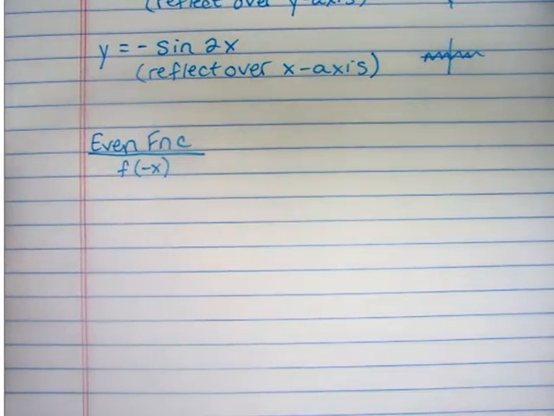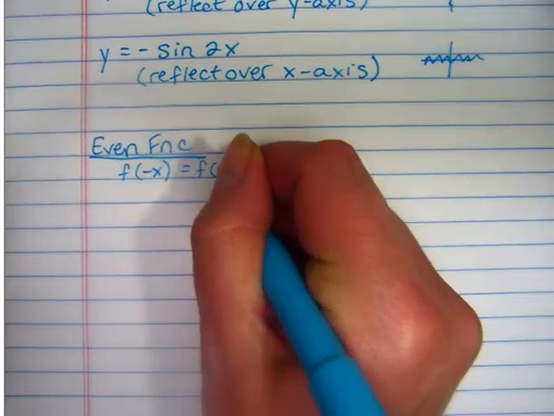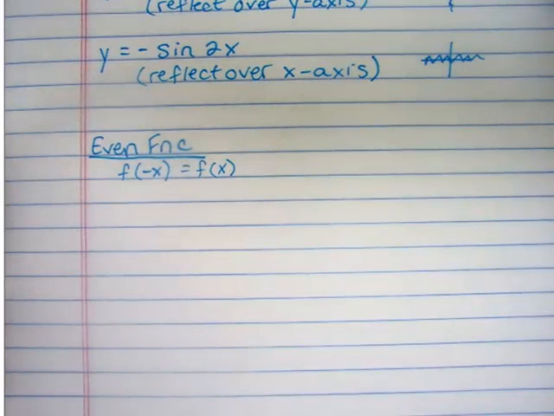So if I take all my x values and change the negativity of it, the result is the same y value I would have had if my x was positive. So it does not matter whether my x is negative or positive, my outcome value is the same. My dependent variable is going to be the same.